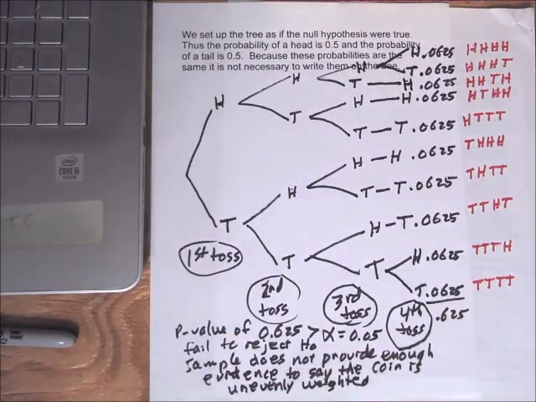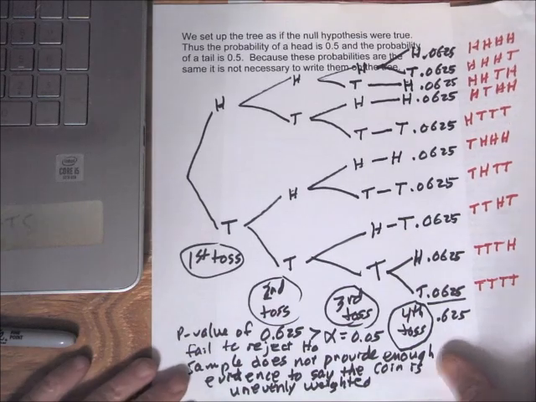It looks like, I mean, it could be unevenly weighted. We did have more heads than tails. The proportion of heads was more than 0.5 in our sample proportion, but it's a small sample, and it's quite possible we could have gotten a result that extreme even if the coin is evenly weighted. So anyway, our sample was just not big enough to draw a firm conclusion there.